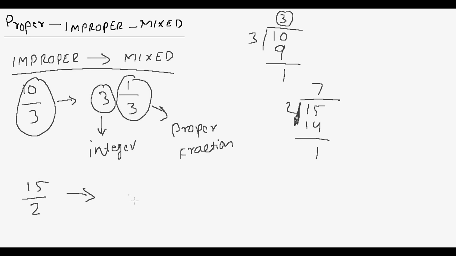Therefore, the integer part is 7 and the remainder is 1, and the denominator is the same, 2. Therefore, this improper fraction is converted to a mixed number that has the integer part and also a proper fraction.